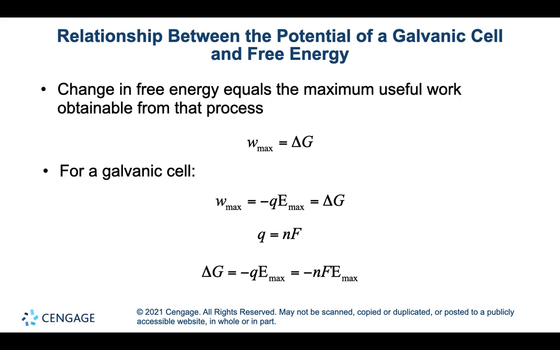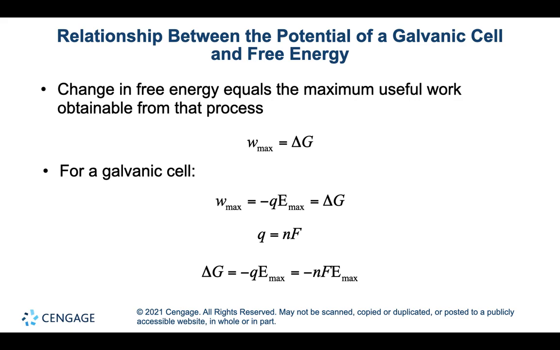So remember, the maximum work is actually delta G. Now we're tying it into the previous chapter on thermodynamics. Maximum work equals delta G. So maximum work is negative QE, charge times voltage. Voltage is joules per coulomb, Q is coulombs. So the maximum work is negative QE, or delta G, and Q is NF.